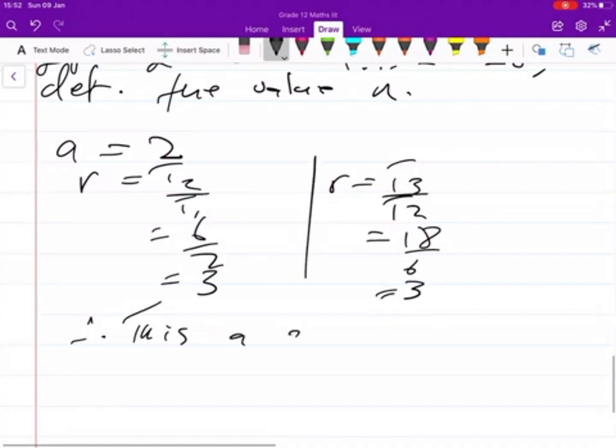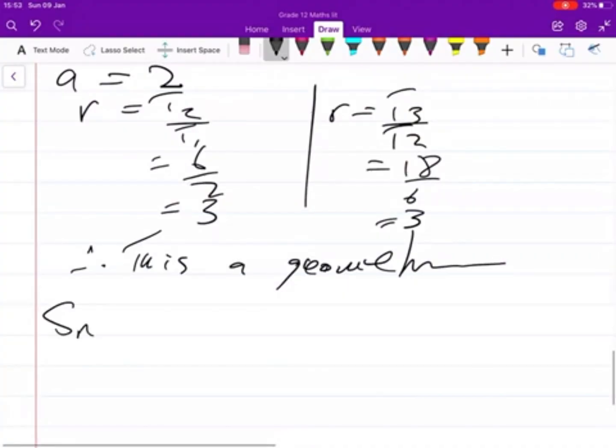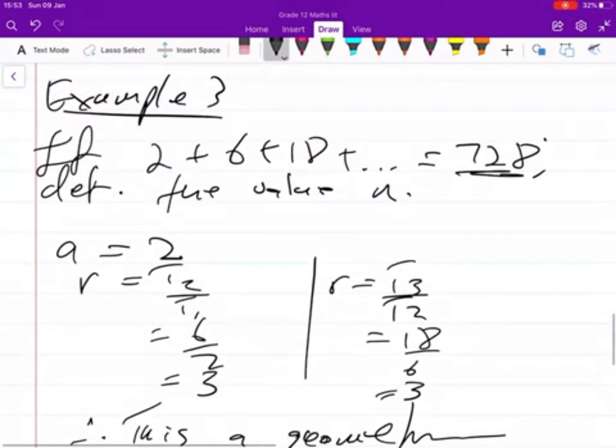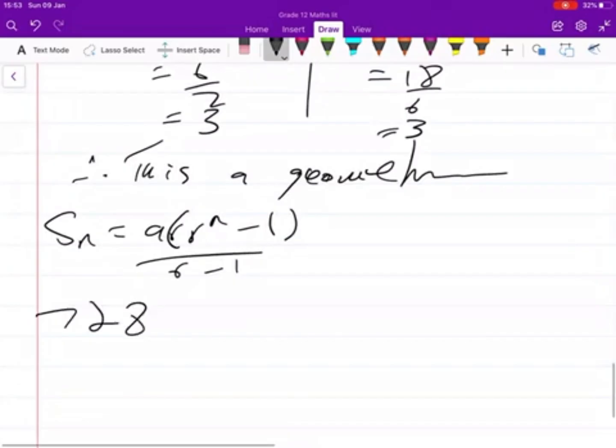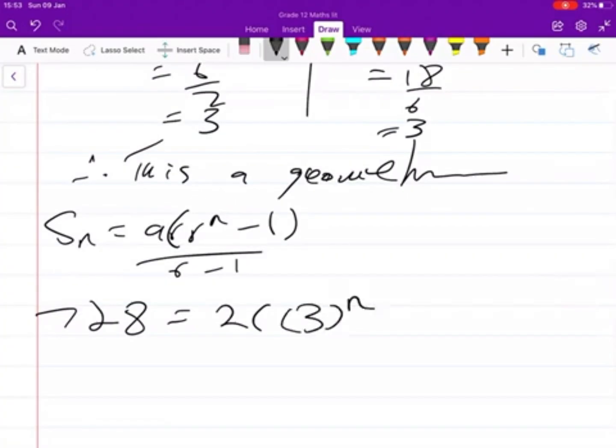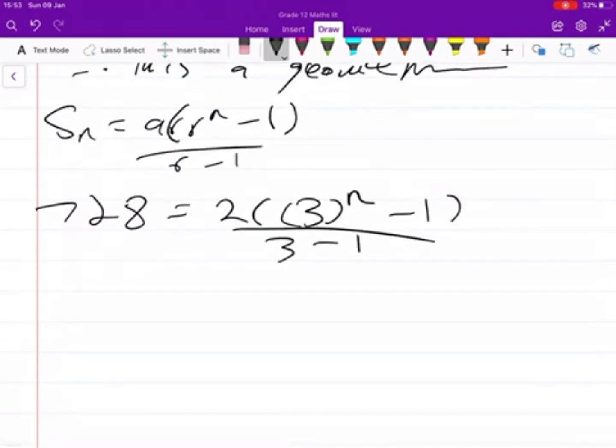Therefore this is a geometric series. So we will use the formula Sn equals a(Rn minus 1) over r minus 1. We don't know what the value of n is. We are trying to look for that, but we know that the sum must add up to 728. We know that the first term is 2. We know that the common ratio is 3. We are looking for n. This is n minus 1, and this is 3 minus 1. I hope you are following what I'm doing.